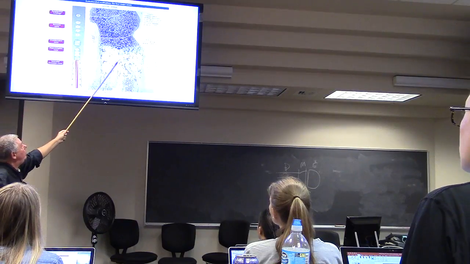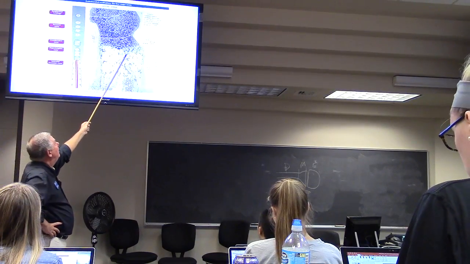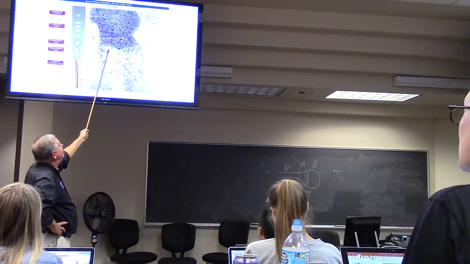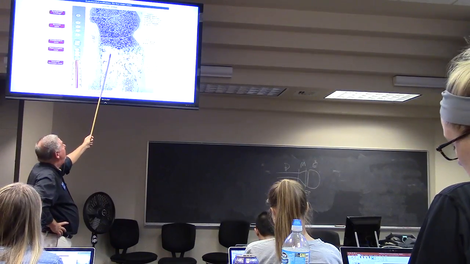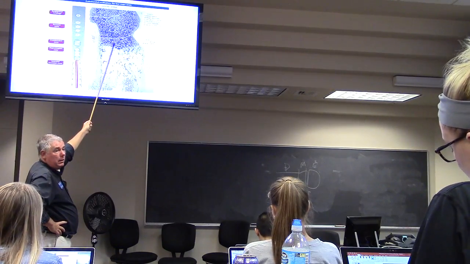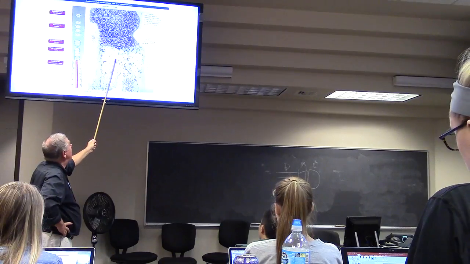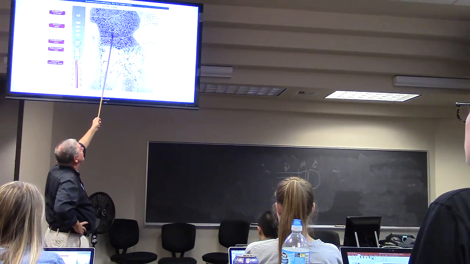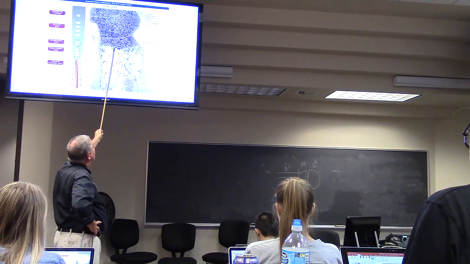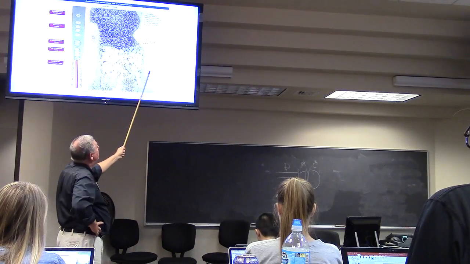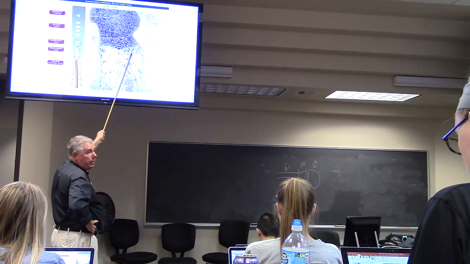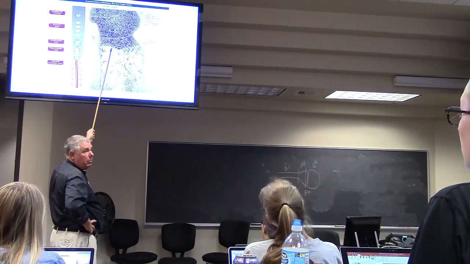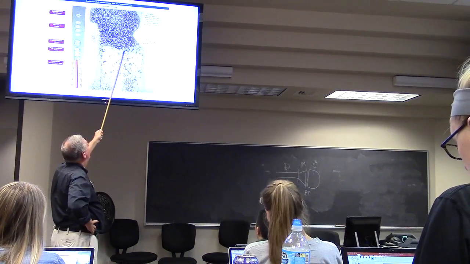You see these spicules, these bony spicules? They are digesting the cartilage in that direction. They are digesting the cartilage in that direction. Osteoprogenitor cells are what you see right here. Osteoblasts and osteoclasts are right here.